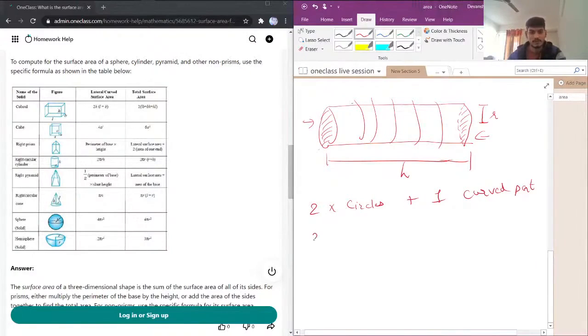Now first I'll start with the circle. The area of a circle is pi r square. Now if I just open this cylinder, I will get a figure like this.